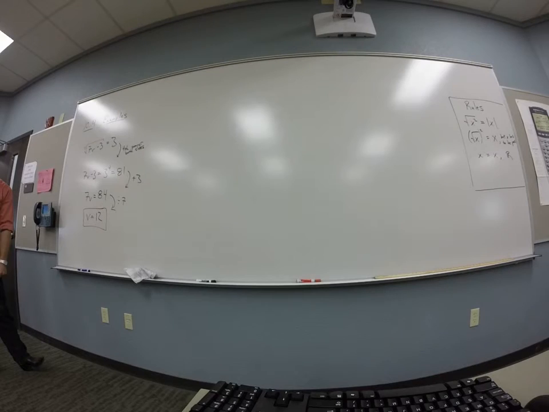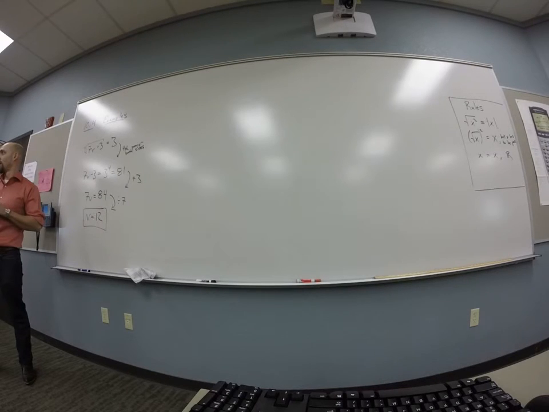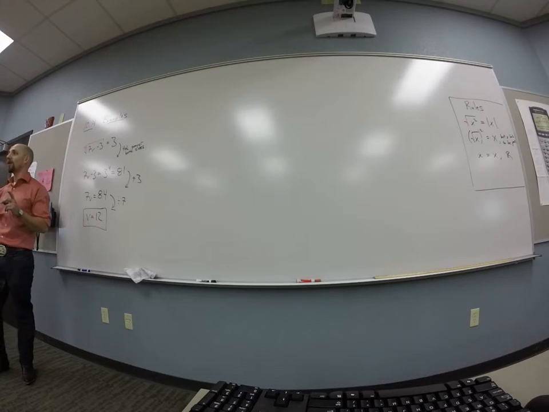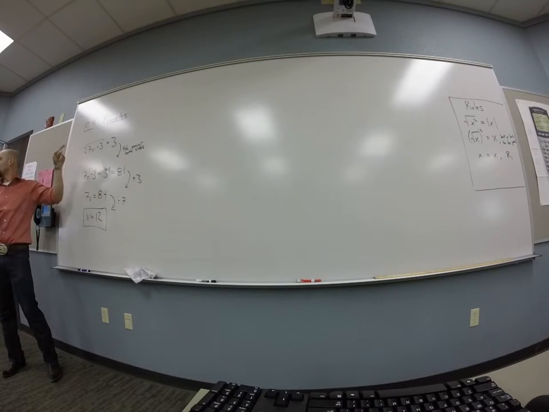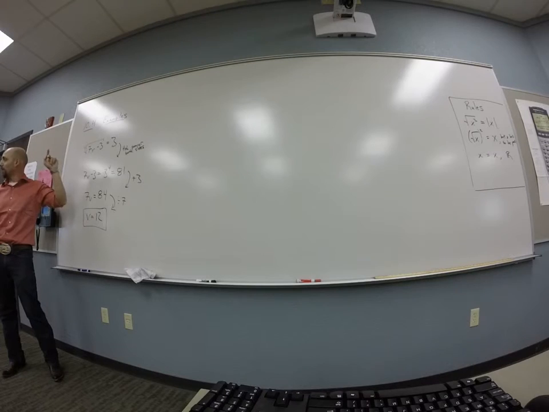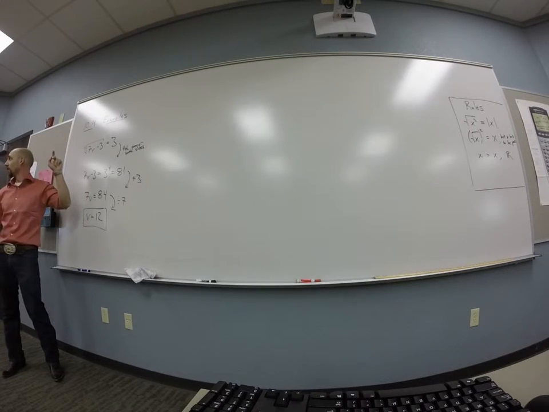What did I forget to do? Check it. So when do you have to check, when don't you? Not quite all the time. You can get away without it when the power is odd. If this was a cube root, the cube root and the cubing function actually undo each other.